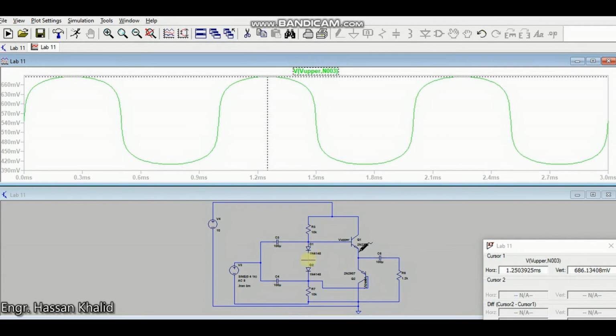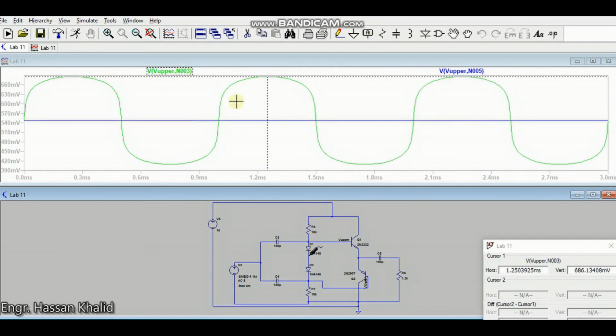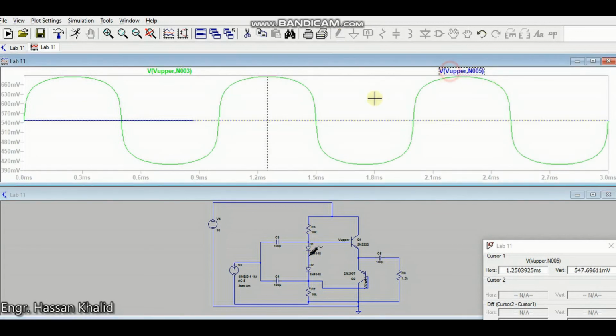Okay, now let's check what the voltage drop across each of these diodes is. It says 0.547, that means 547 millivolts. It is lesser than the required base to emitter junction voltage.